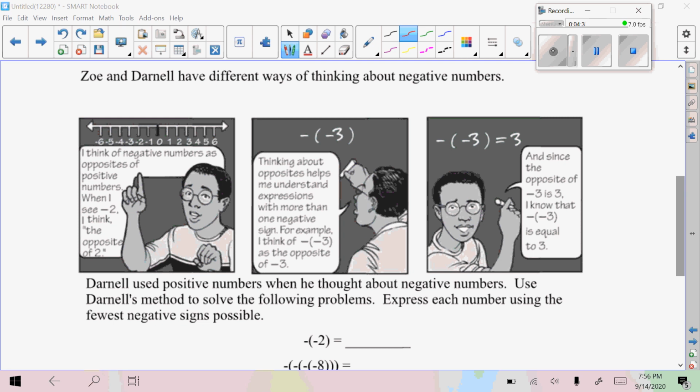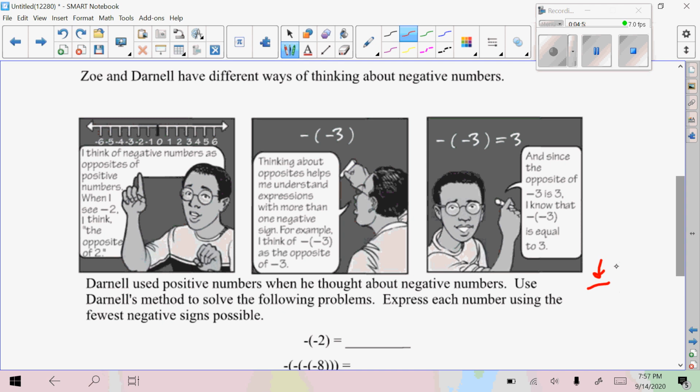All right, so there's a couple ways you can think about negative numbers, and Zoe and Darnell are going to illustrate those. And Darnell here, he thinks that we should think of this negative sign as the opposite. So when we see this, we can just say the word opposite.